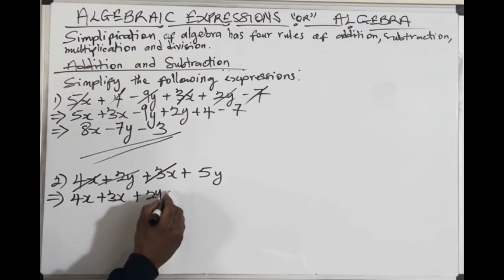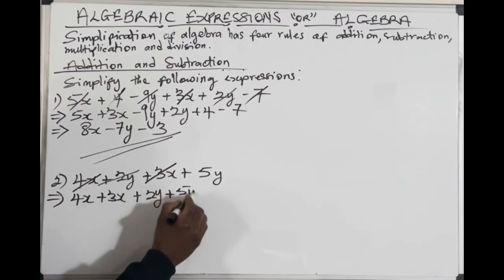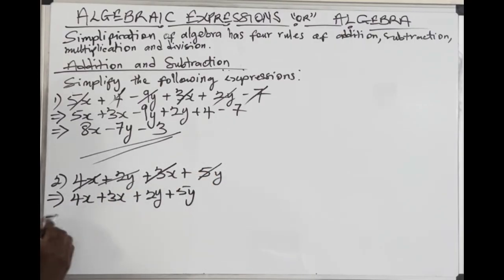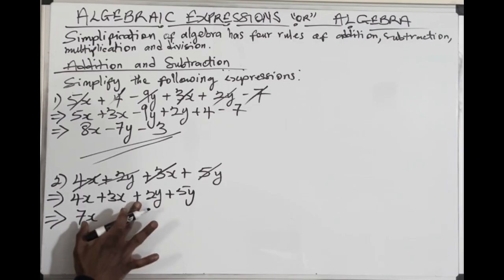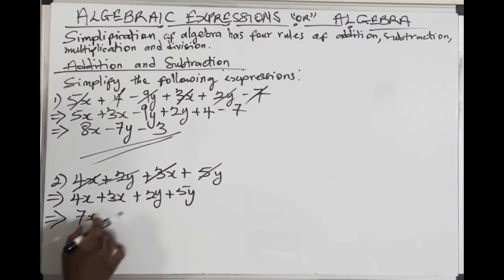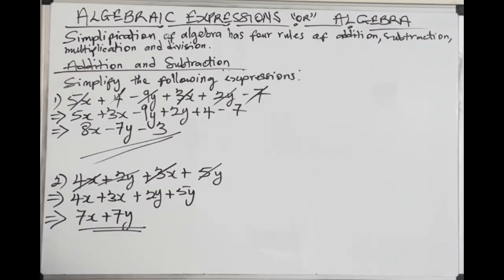We have plus 5y. All right. 4s plus 3s is 7s. Okay. And then this time around we all have plus plus, so no need to worry. Just add, plus 7y. So 7s plus 7y will be our final answer.